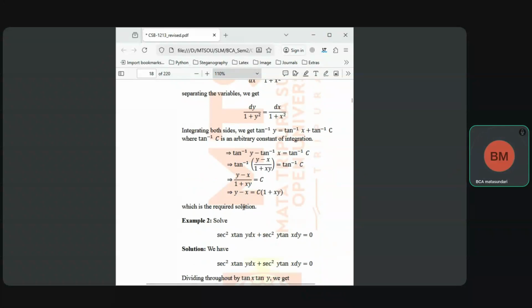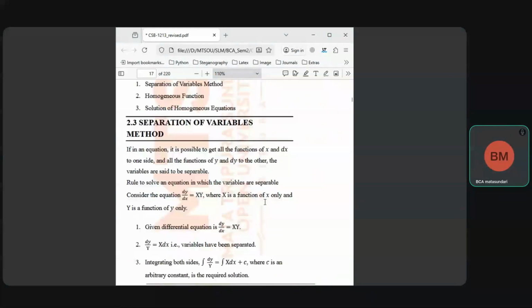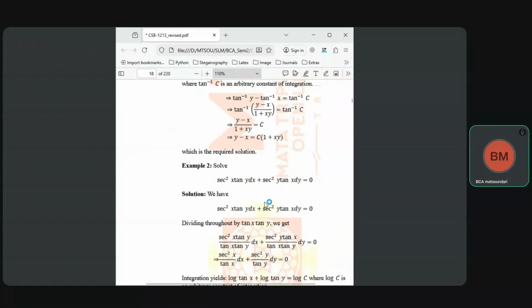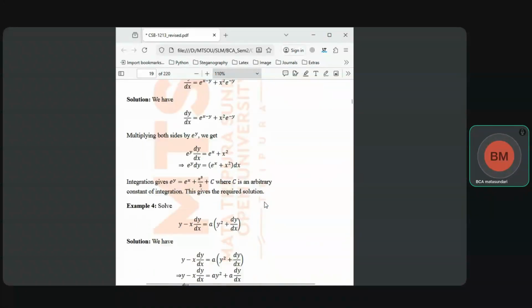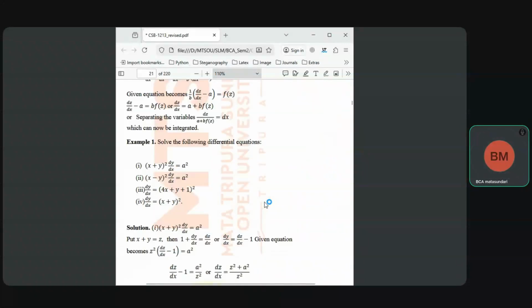Now breaking the equation, x value equal to constant, then we choose the common term, which gives the required solution. So this is how the solution for the separation of variable method works. There are a few more examples here which you can practice at home.